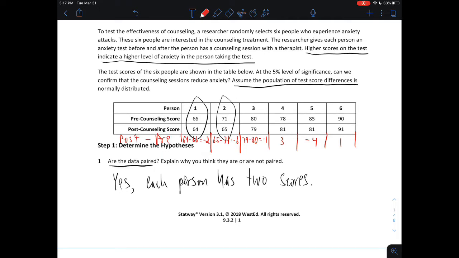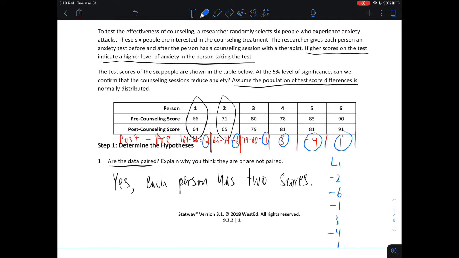So the numbers that I'm actually using to find my mean and standard deviation are the results that we have here. So I'm going to make a list with these numbers. In your TI 83 or 84, you can say list 1 and then just have -2, -6, -1, 3, -4, and 1. And those are the 6 numbers in your list.